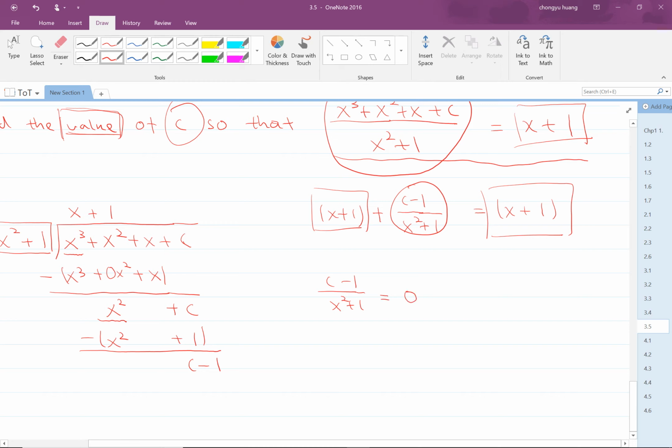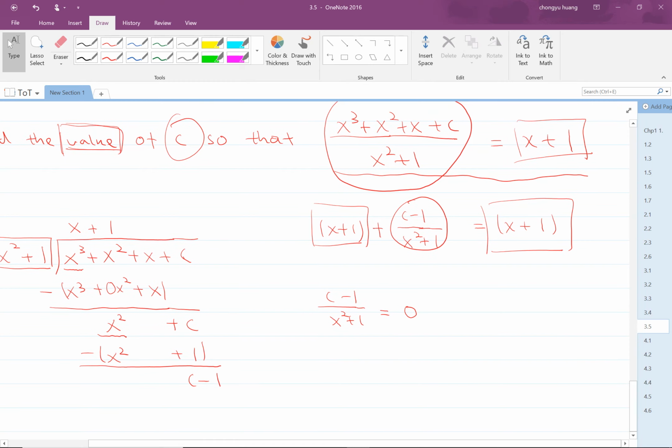This is the logic here: those two terms, x plus 1 and x plus 1, are the same thing, so the middle term (c minus 1) over (x squared plus 1) has to be 0, to make those two expressions equivalent.